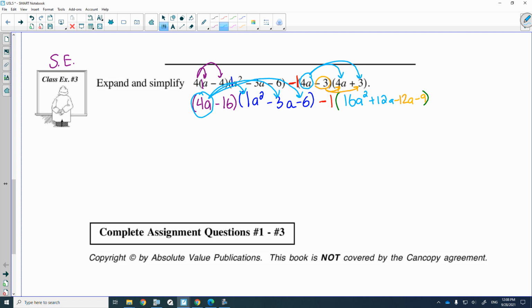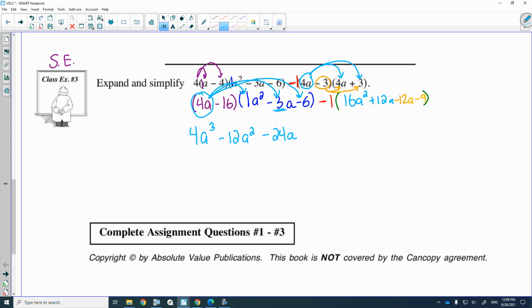So 4a times 1a squared would be 4a cubed. 4a times negative 3 would give you negative 12a squared. And then 4a times negative 6 would give you negative 24a.